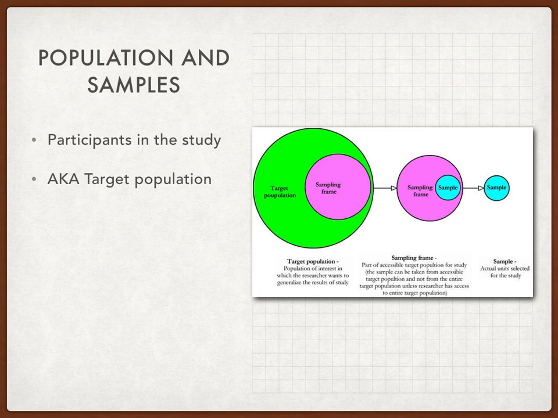We can pull out an even smaller sample from our sampling frame. Those are the actual people that are in our study. Again, there's a bunch of different ways to go about getting people to be in our study, the participants from our target population. That's the sampling procedure. And again, we'll talk about that as we go on in our class.